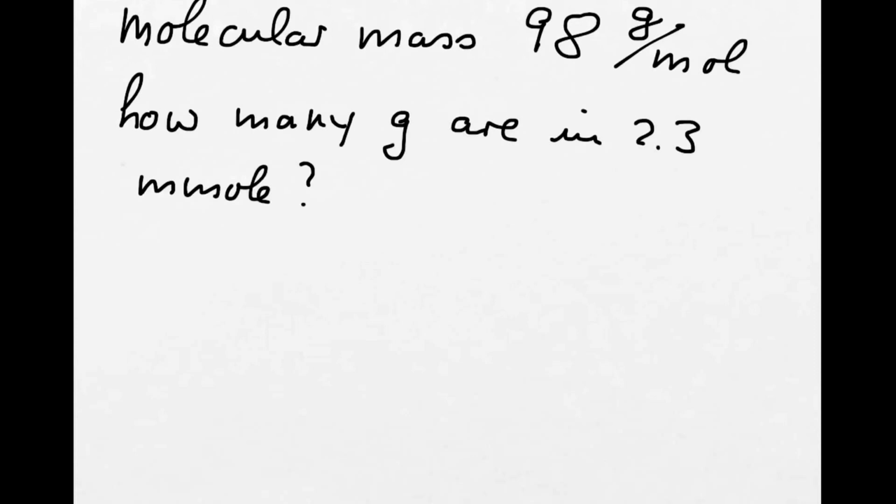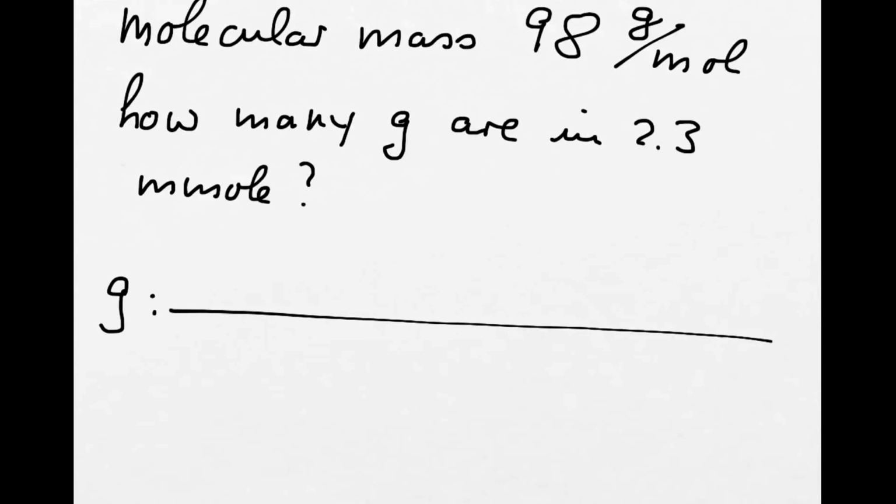Let's do it together. What's the first thing that we are looking for? First thing that we are looking for is, what is the unit that we are looking for? Grams? Yeah? Are you happy with that? Yes. How many grams? It basically gives it away. So, grams goes here. Long line. Do we have grams somewhere?